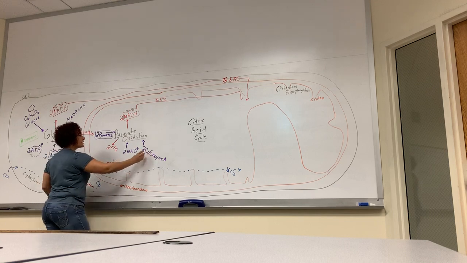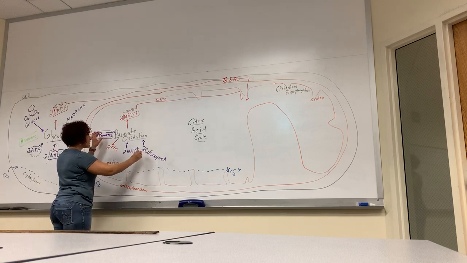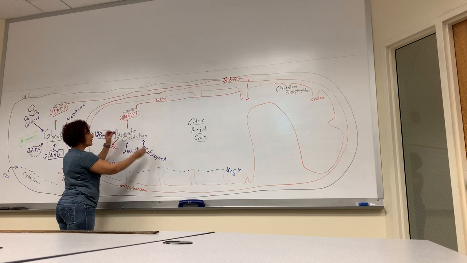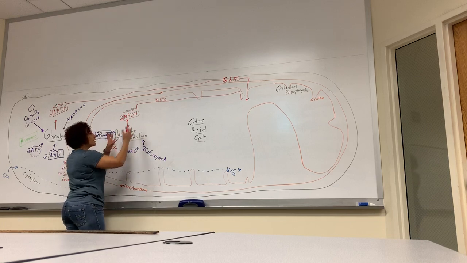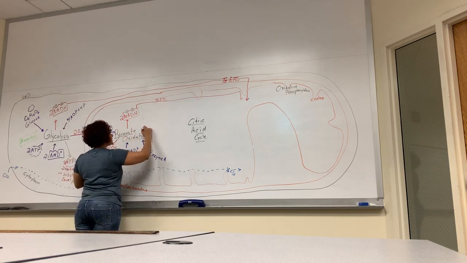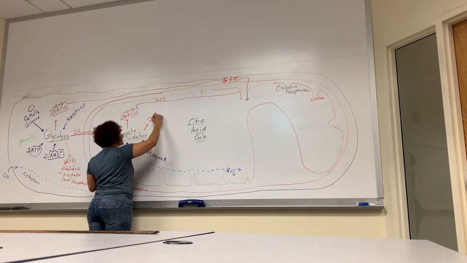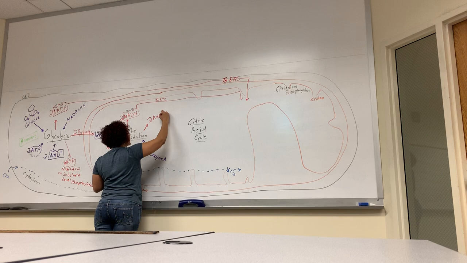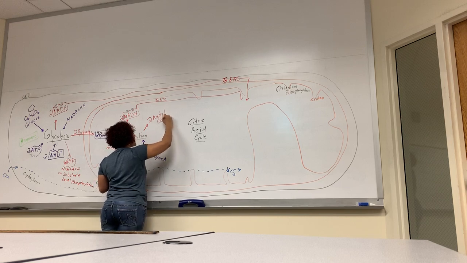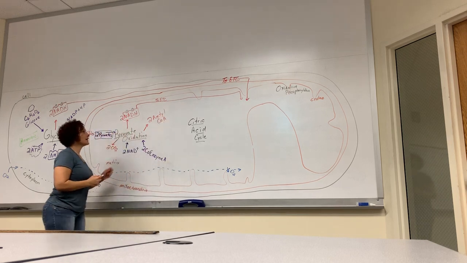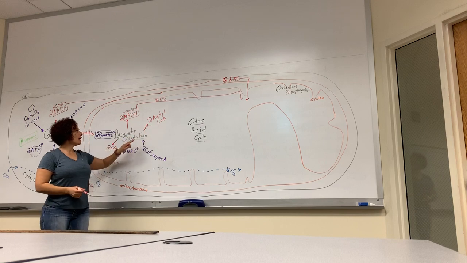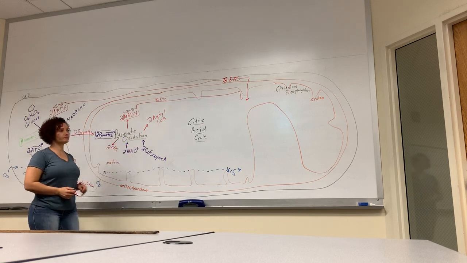Then those coenzyme A's are going to attach to the pyruvate molecules. Boom, boom. And the molecule that is the result of this system is called acetyl coenzyme A, A-C-E-T-Y-L, CoA. Acetyl coenzyme A. That's your final output of pyruvate oxidation.